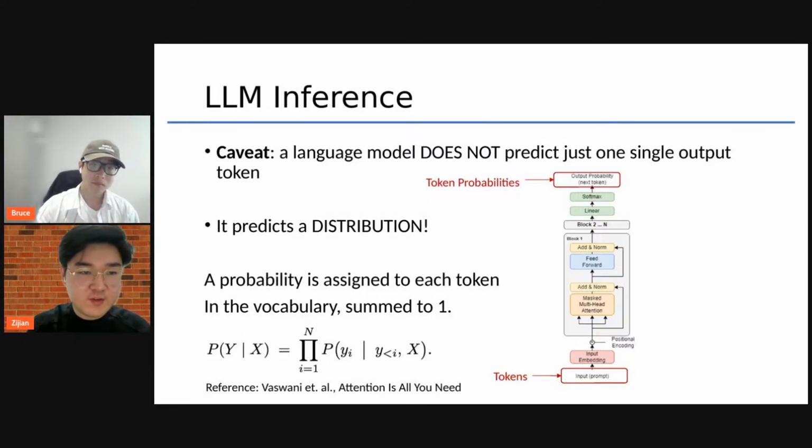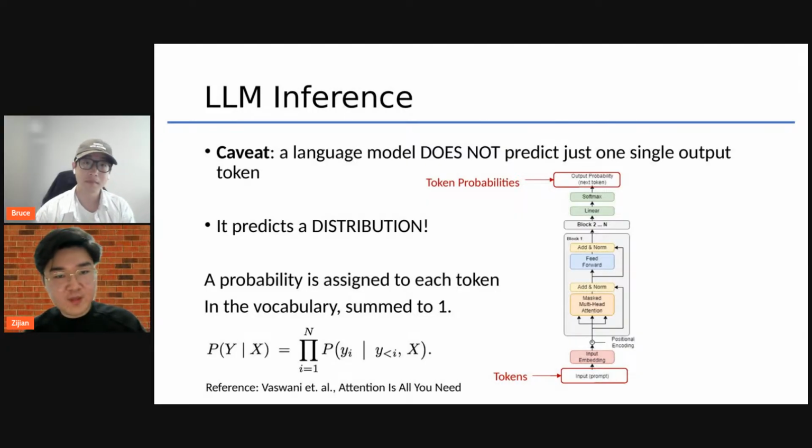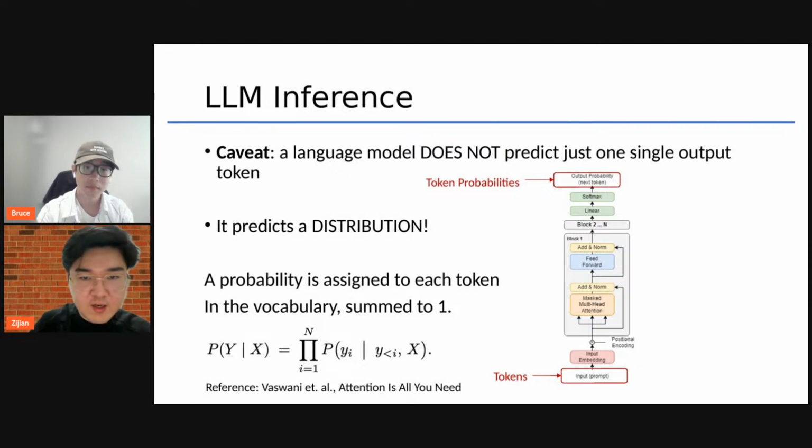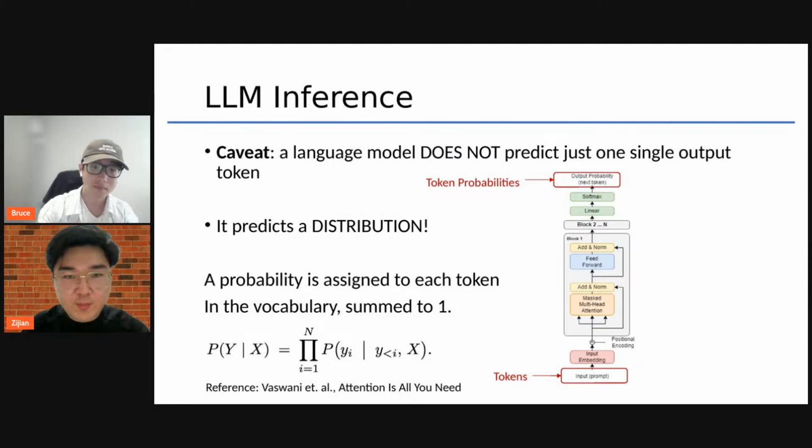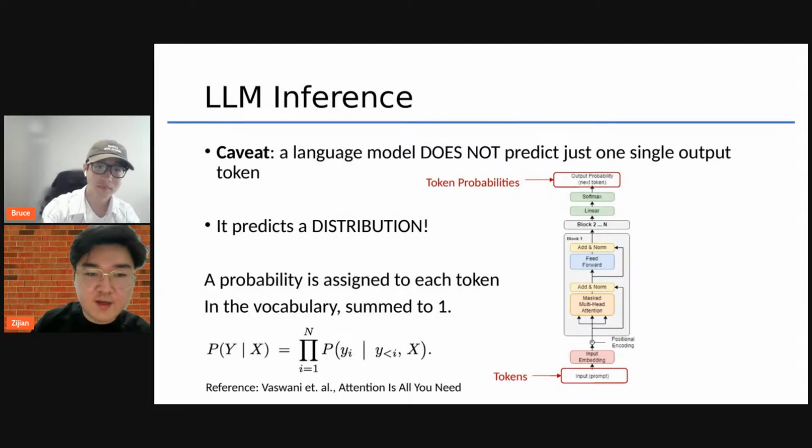Instead, the model is going to tell you, hey, I have this probability distribution for you. The first token has a probability of probably 0.3. The second token has a probability of 0.1. The third token has a probability of 0.1, etc. So you don't just receive a single token out of the model. Instead, you receive an array representing the probability of each token.